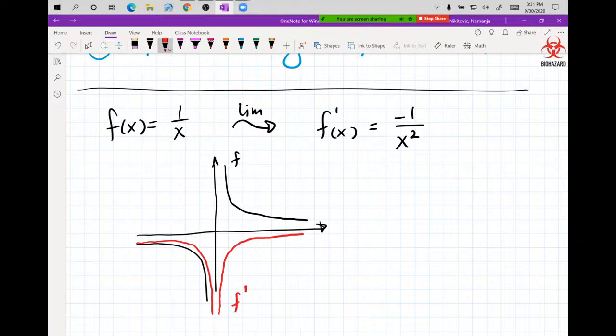Do we have everything match previous points, right? 1, 2, and 3? The answer is yes. First of all, point 3 is irrelevant because we do not have a minimum or maximum for the function f of x equal 1 over x. So 1 over x does not have what we call extreme points, extrema.